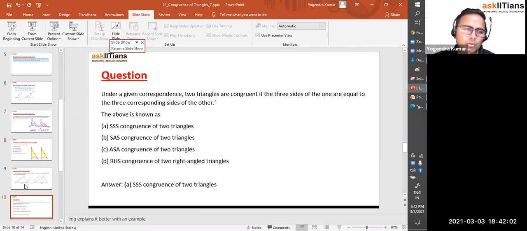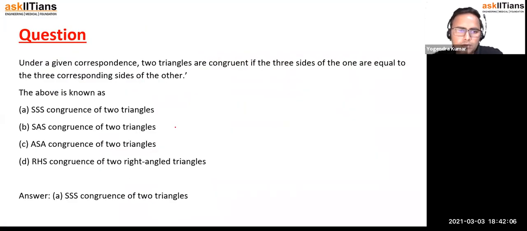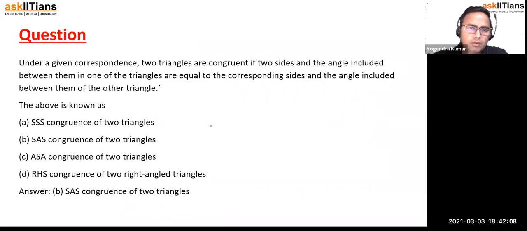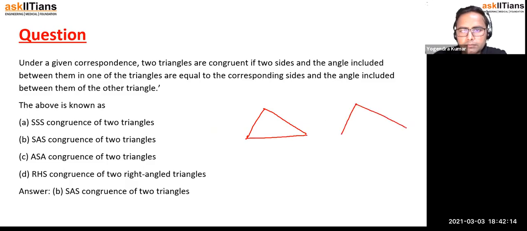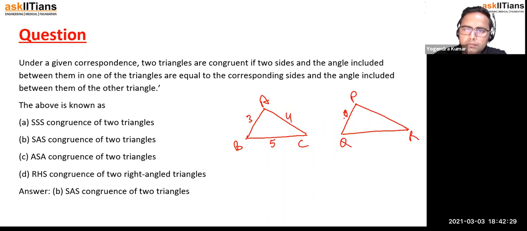Because we have two triangles whose measurements are something like this. Though their names are different, the dimensions are the same. A, B, C and P, Q, R. This is 5, this is 4, this is 3.